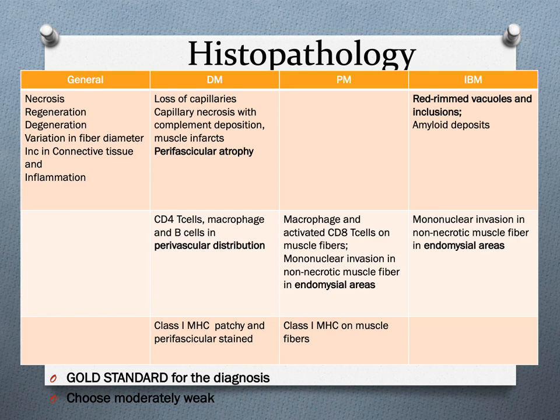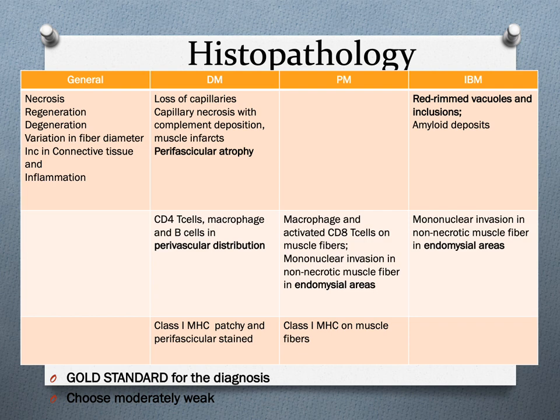CD4 T cells, macrophages, and B cells in the perivascular distribution are the predominating inflammatory cells in dermatomyositis. There is also class 1 MHC, which has a patchy and perifascicular staining. In polymyositis, macrophages and activated CD8 T cells invading the non-necrotic muscle fibers in the endomysial areas are the predominating inflammatory cells.